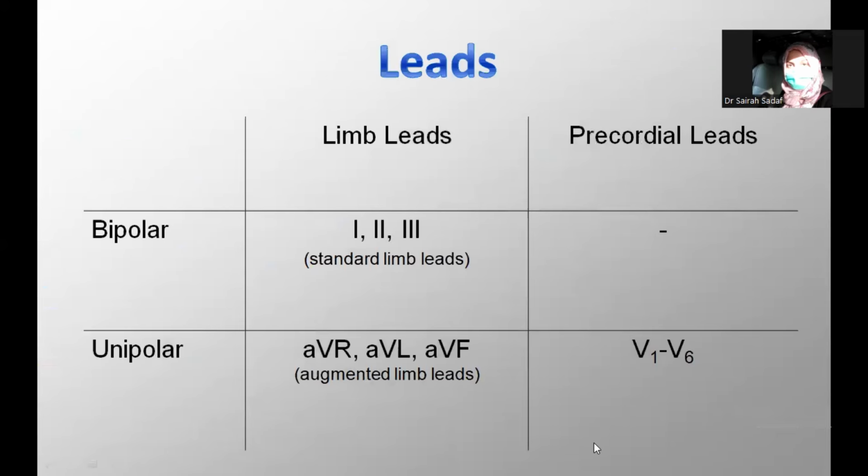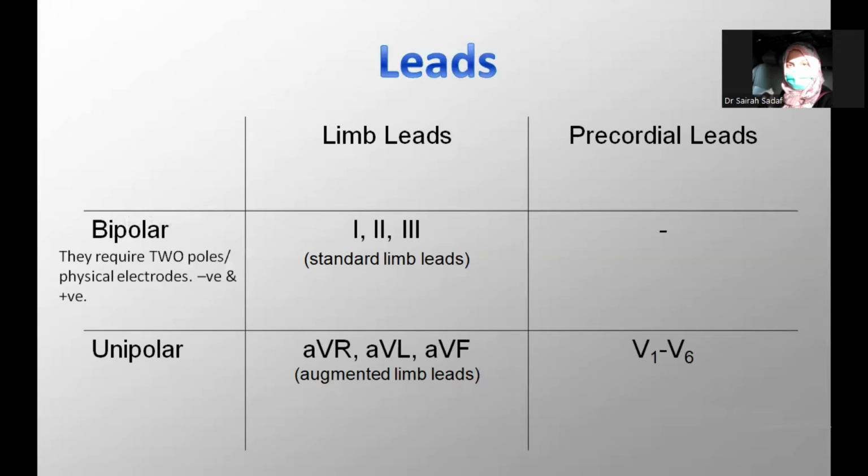Now, there's another subcategory of the leads. First of all, there is unipolar and then there is bipolar. Talking about the unipolar, the precordial leads from V1 to V6 will always be unipolar. And then AVR, AVL, AVF will also be unipolar. Now about the bipolar, only lead 1, lead 2, and lead 3 are known as bipolar.